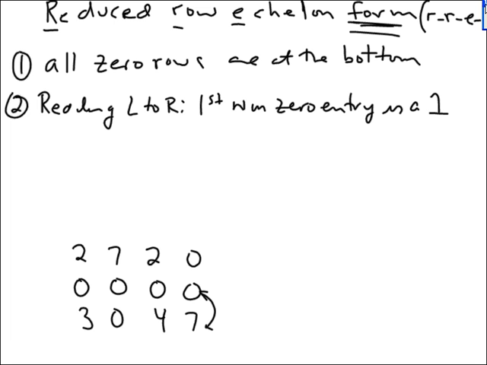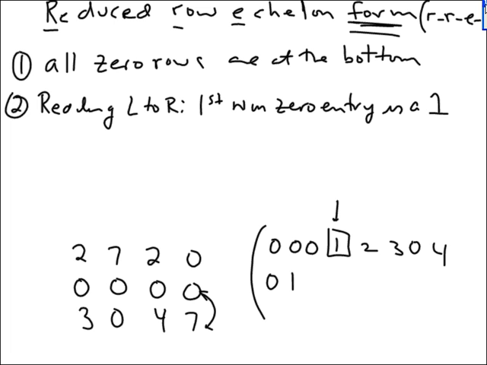In other words, if you have some zeros, and then the next digit is not 0, what comes after that can be anything. If it's the first non-zero entry, it must be a 1. If it's a 4, that's not good.